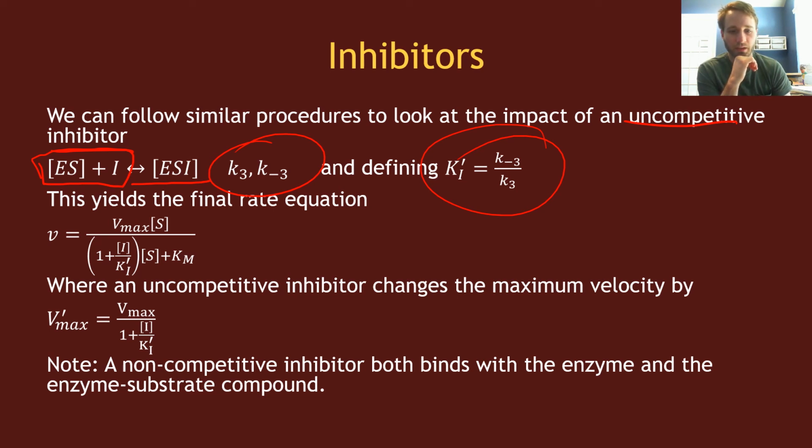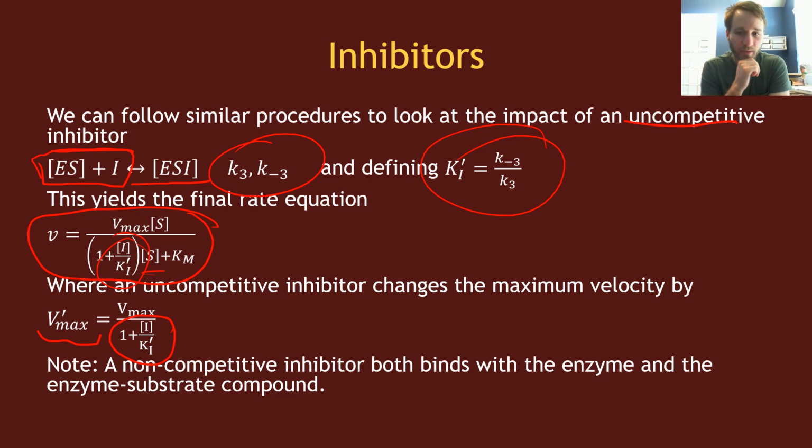You get a similar expression, where now the substrate in the denominator is multiplied by this extra term here. How this affects the rate of your reaction is that it affects what the maximum speed is. The maximum speed is now reduced based on how strong this inhibitor is, as well as the concentration of the inhibitor.